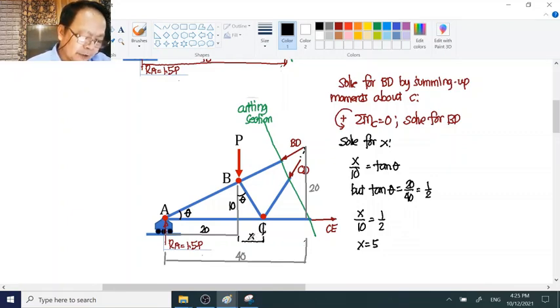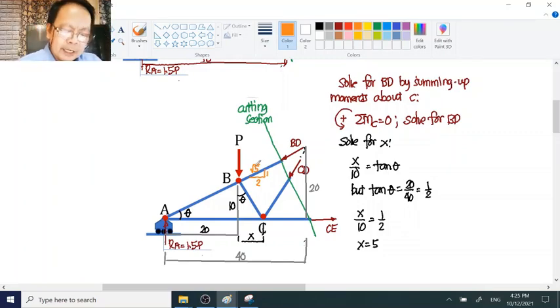Now we can define the moment arm of P and the moment arm of this other force. However, since BD is inclined, we have to determine the horizontal and vertical components of BD by using the slope of the inclination. The slope is 20 is to 40, or simply 1 is to 2, and the distance is the square root of 5.